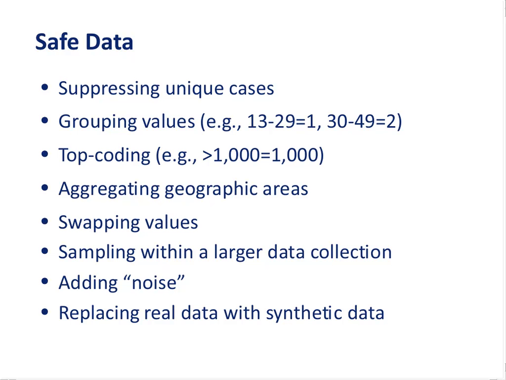There are other things to do, like replacing real data with synthetic data. Of course, anytime you make changes to data, you're changing the properties of the file, and you're potentially limiting the reanalysis value. And so for some of these things, like checking for direct identifiers and having the investigator yourself remove them, that's a no-brainer.